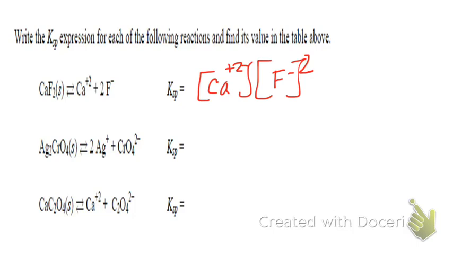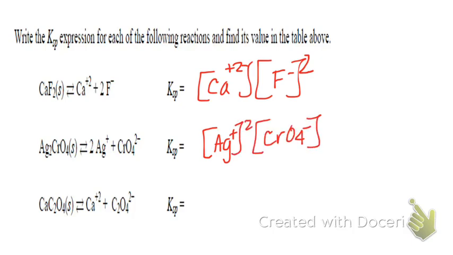And then that means that this one would be Ag+ squared, and then CrO4, and then this one would be Ca2+, and then... And these are brackets? Yes, because they're concentration.